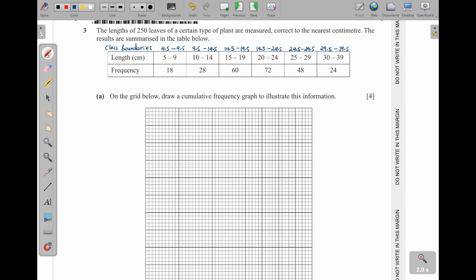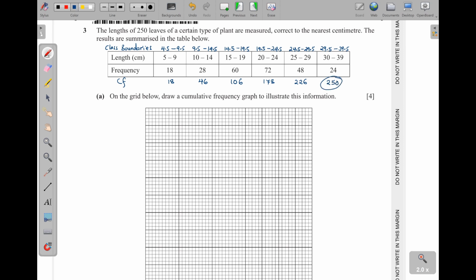And then here we shall also get the cumulative frequency. So this one is 18, then plus 28, that gives us 46, then plus 60, that will be 106, then plus 72, that will be 178, then plus 48, that will be 226, and then plus 24, which is 250.